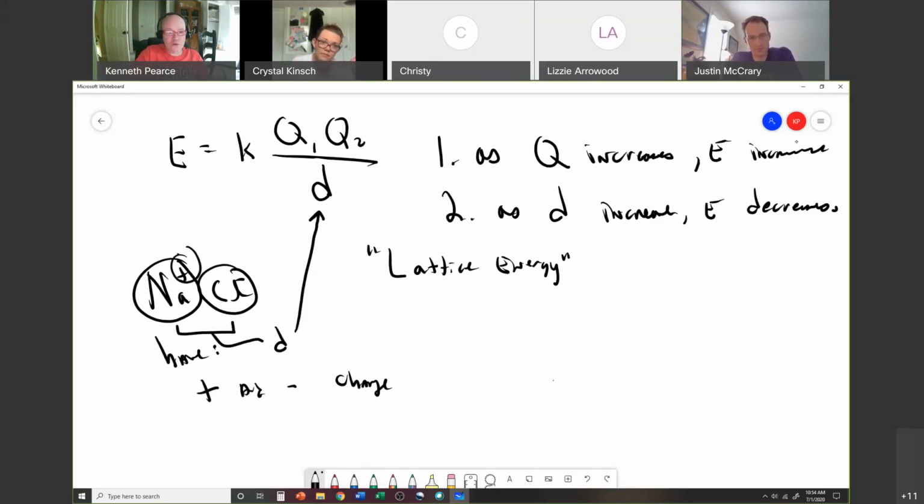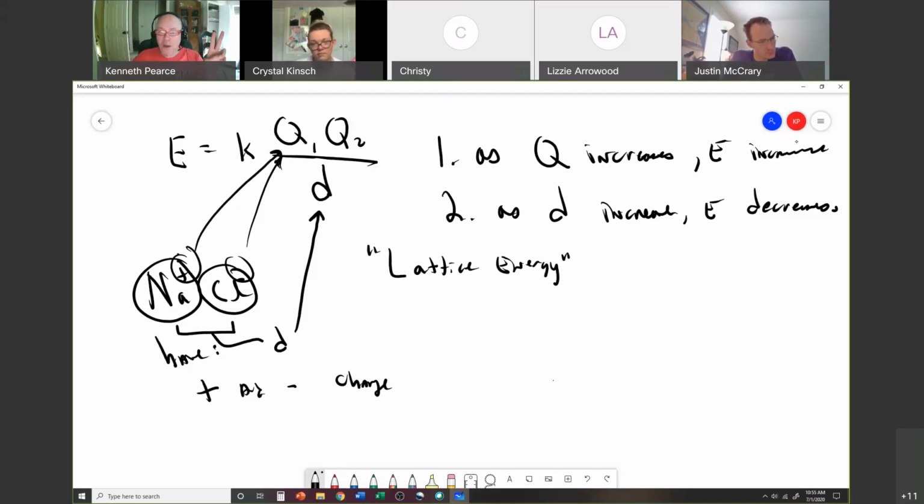So Q1 is 1, Q2 is minus 1, so the overall is minus. The energy's minus. That means it's exothermic, which means it's favorable.